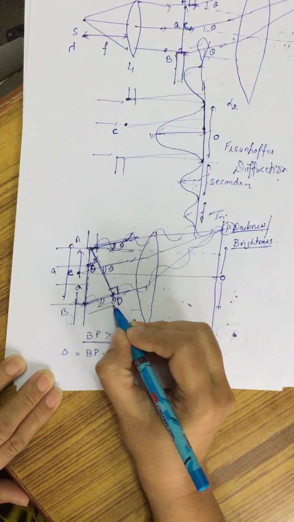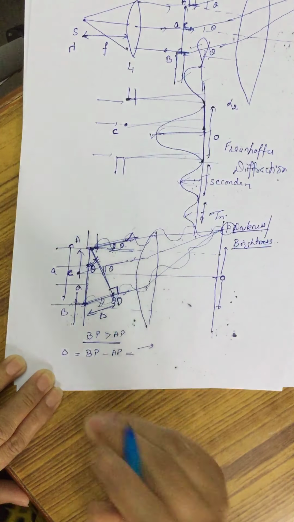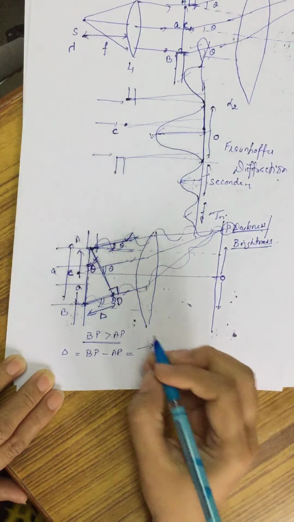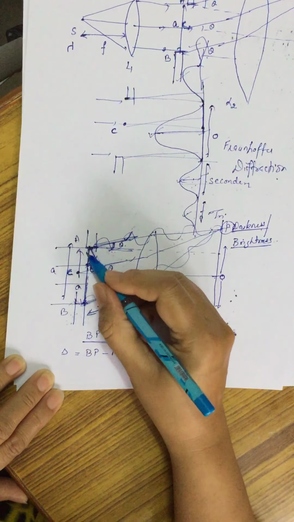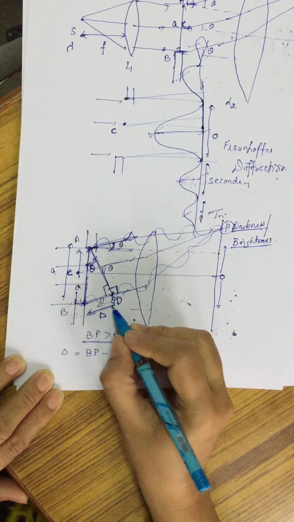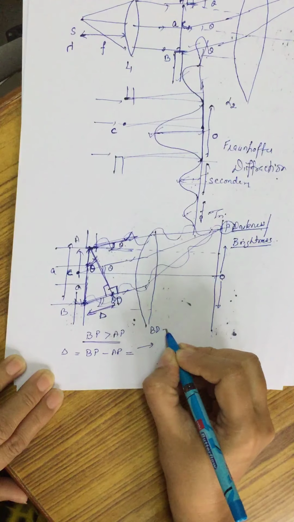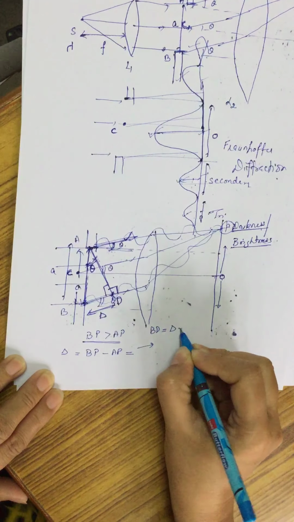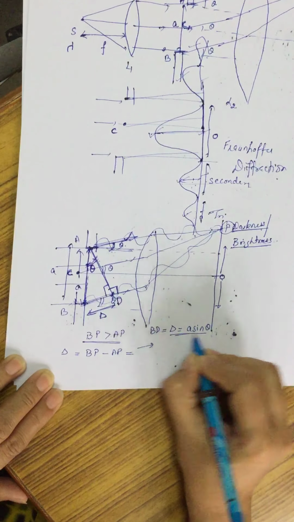And we have to find out the extra distance which is our path difference. From this triangle, this is our perpendicular, this is our hypotenuse, and this is our base, and we will find out that BD, the extra distance, that is the path difference, comes out to be a sin theta.